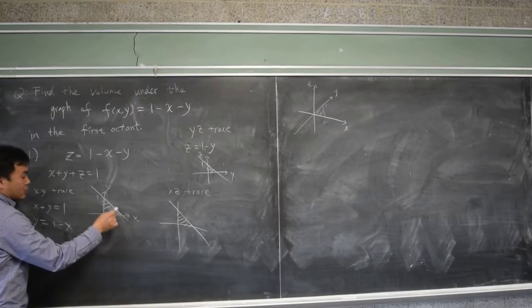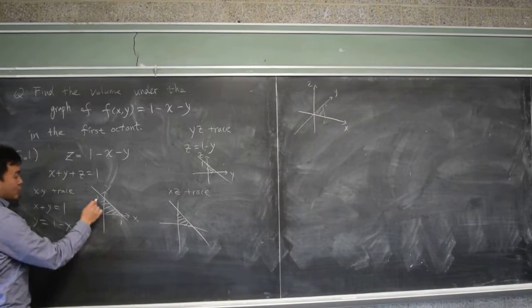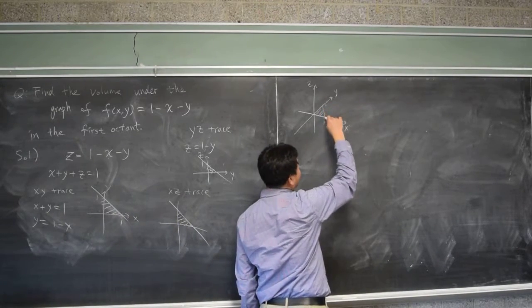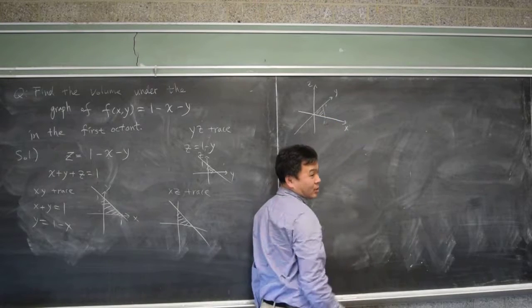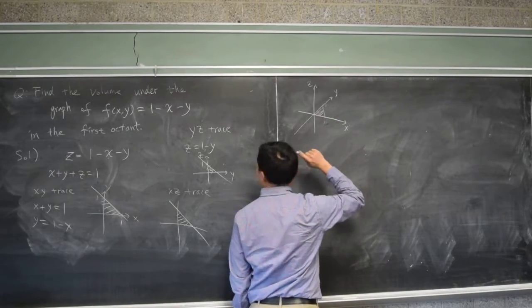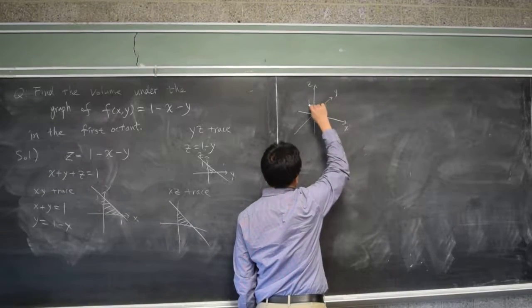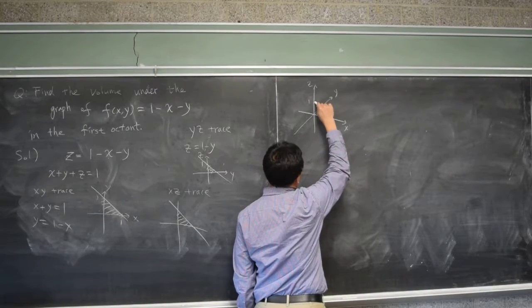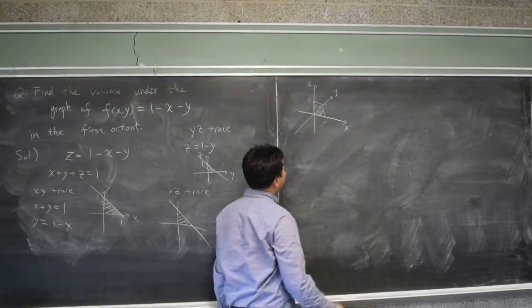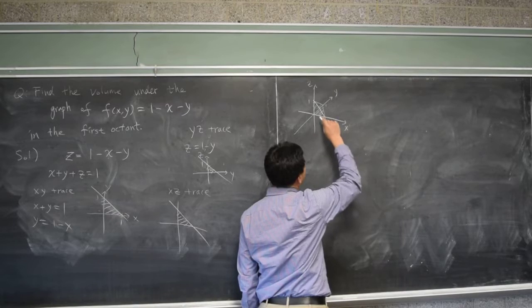You draw a straight line connecting these two, and it's this triangle that we get. And then the yz trace: here's 1, it's this part. And then the xz trace is here.